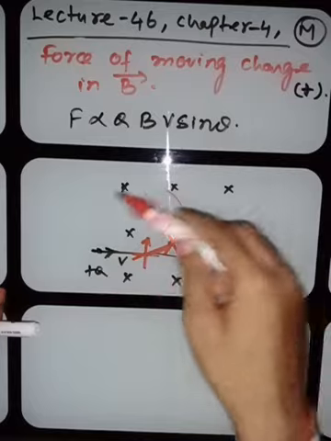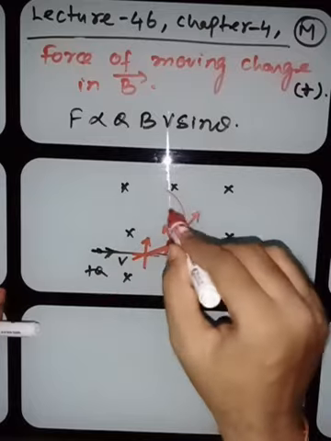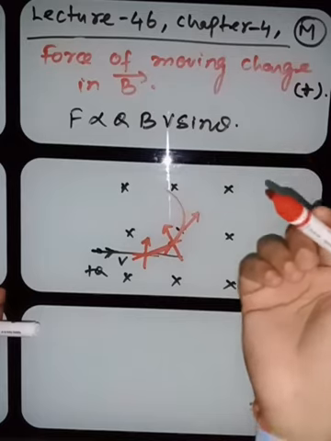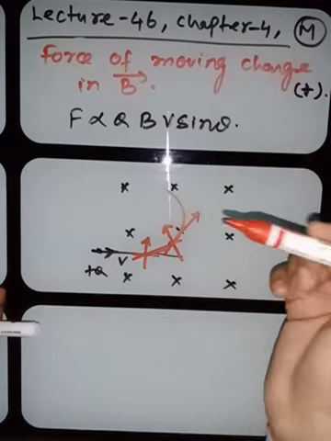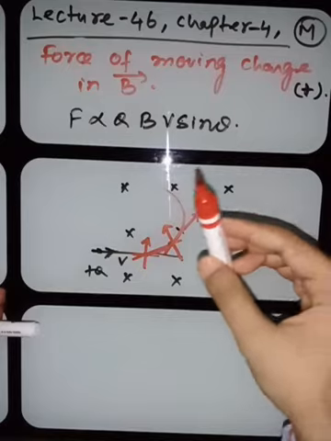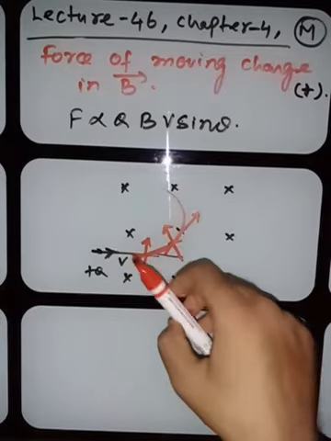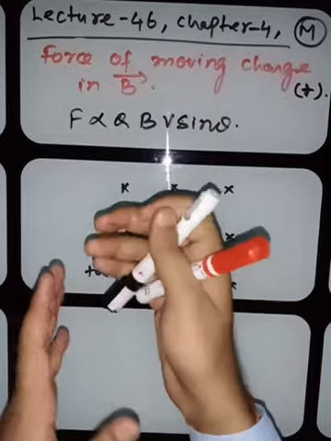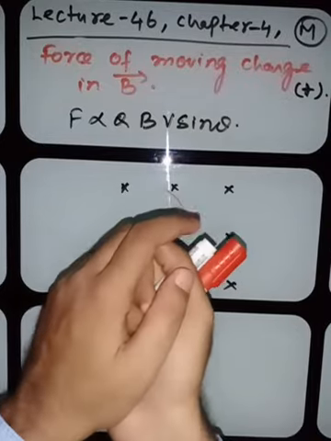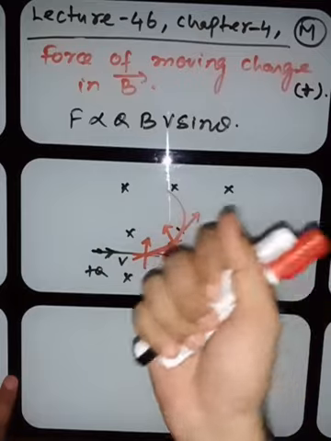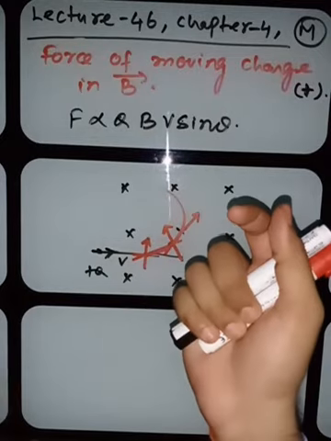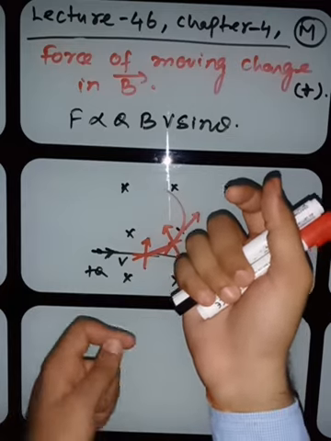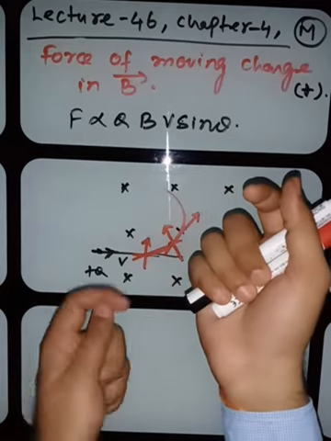Due to motion on a circular path, there will be a change in velocity, not the speed, I'm sorry, change in velocity. And due to change in velocity, there must be some acceleration. It means the particle will experience a force, and that will be the centripetal force. That centripetal force will be balanced by which force? Magnetic force.